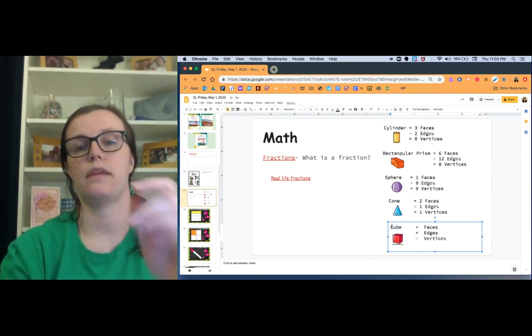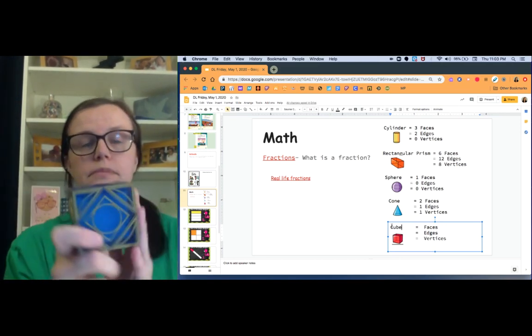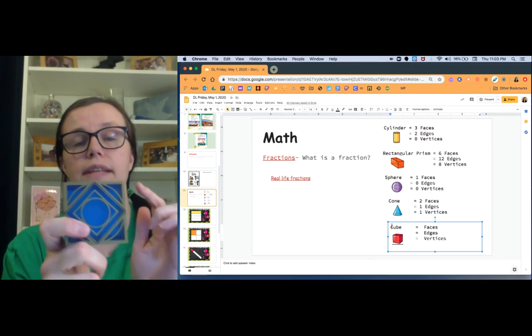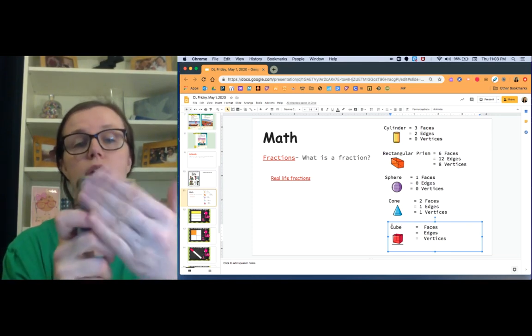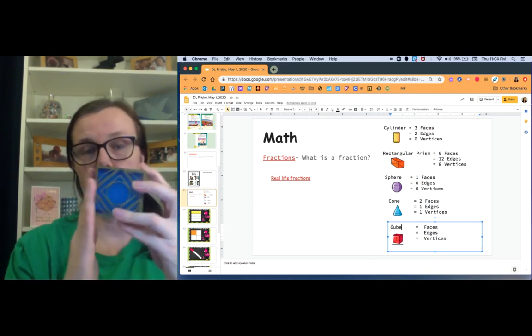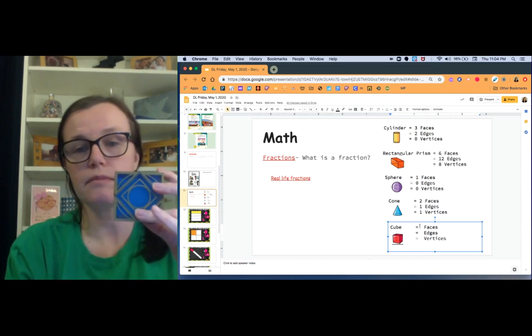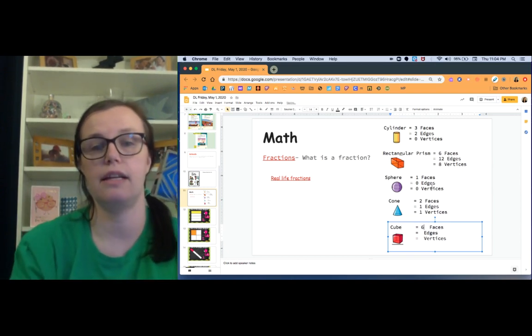Okay, so today we are not talking about a cone. It's a cube. Okay, so cube, ready? If you have your cube, grab your cube now. Let's count our faces. Those faces are the flat 2D shapes. Here we go. 1, 2, 3, 4. Now I gotta go top and bottom. 5, 6. 6 faces for that.